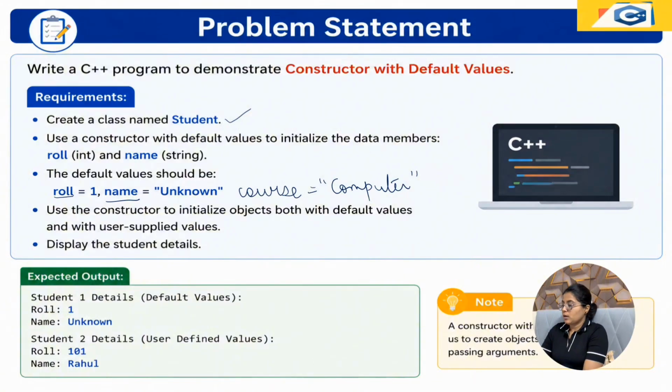Now we have three variables: roll number, name and course. We need to display the details using constructor with default values, or you can say default value constructor.